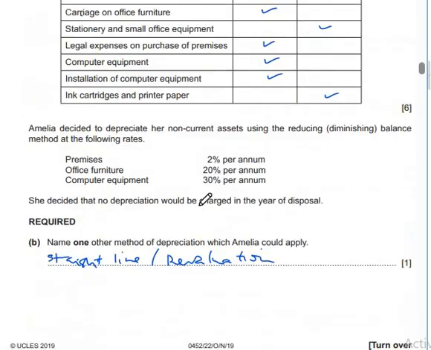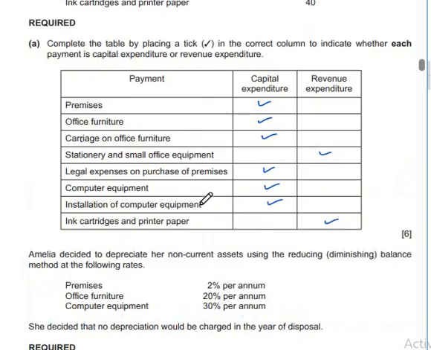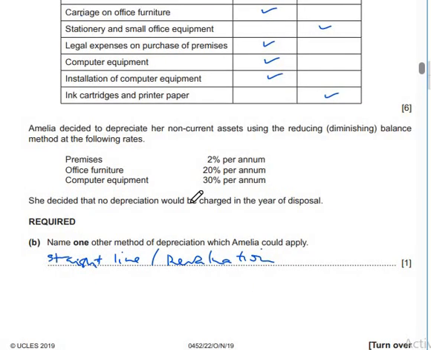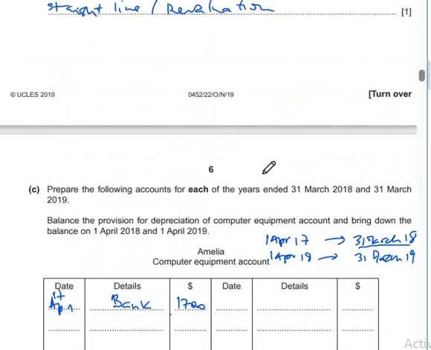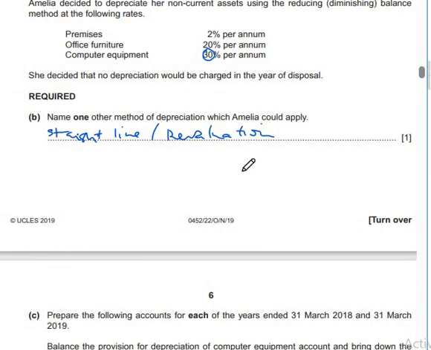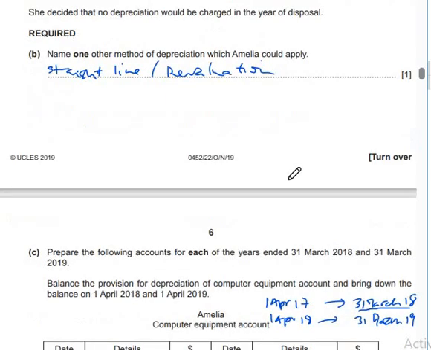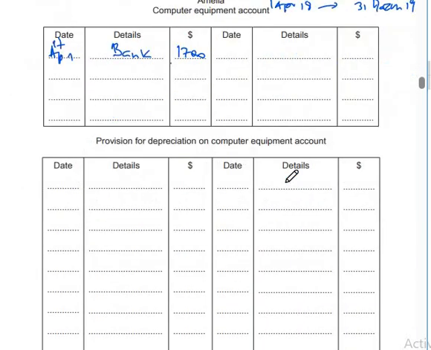The cost is 1,700, and the equipment depreciation is 30%. So we are going to calculate 30% of 1,700, right? So 1,700 times 30 over 100, which is 510. So 510 will be credited in the provision for depreciation.